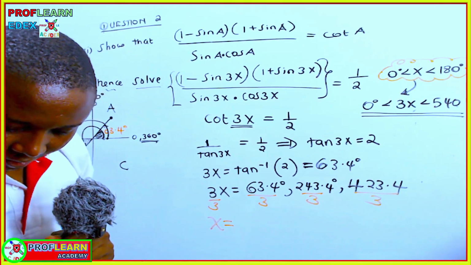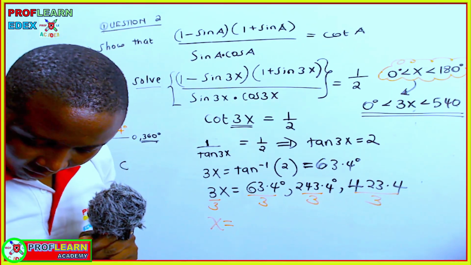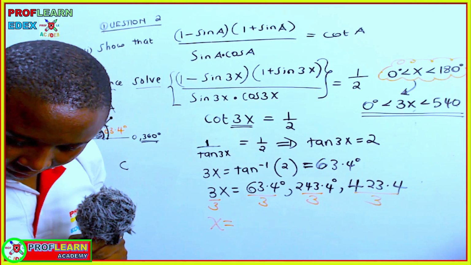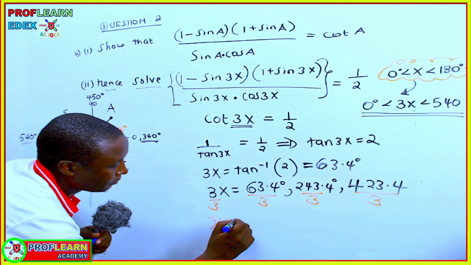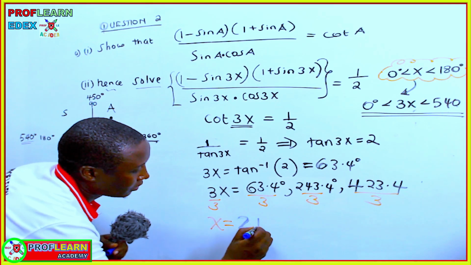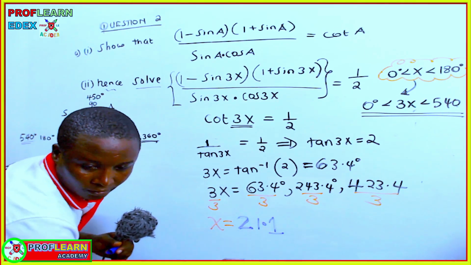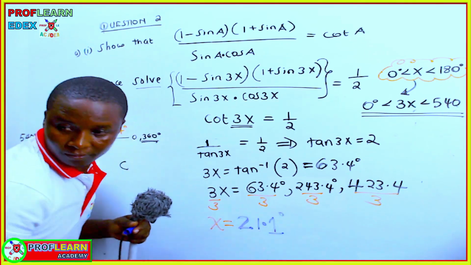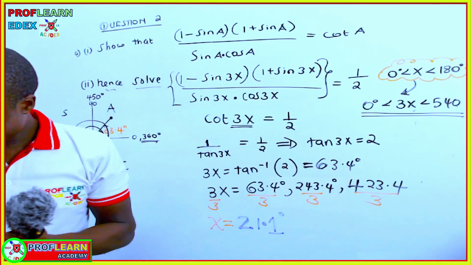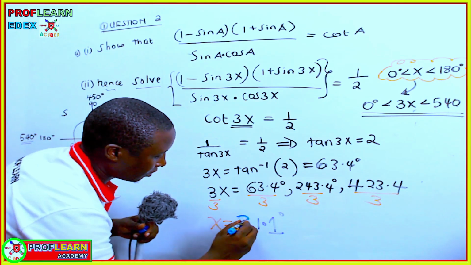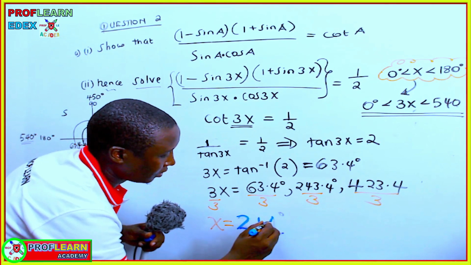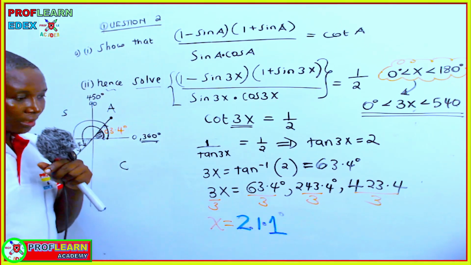The first one is 63.4 divided by 3, which becomes 21.1 degrees.